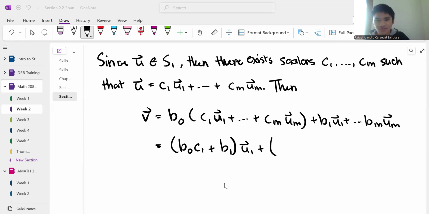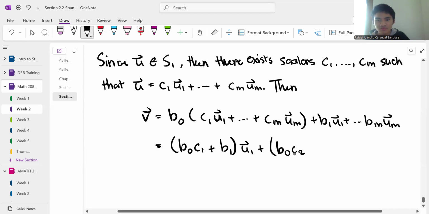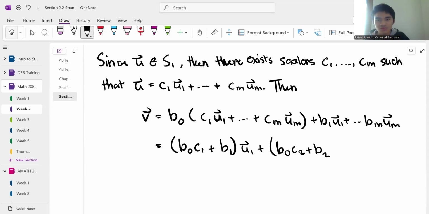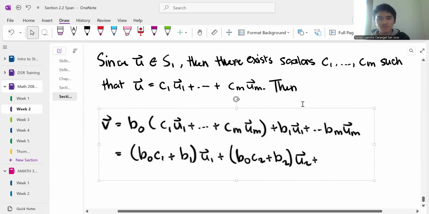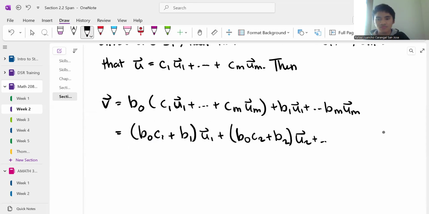So this is B naught C2 plus B2, U sub 2. It's getting a little bit tricky here. Then we keep going, all the way to Bm. Still B naught, Cm, Bm, U sub M.